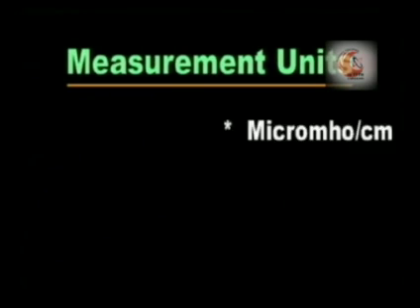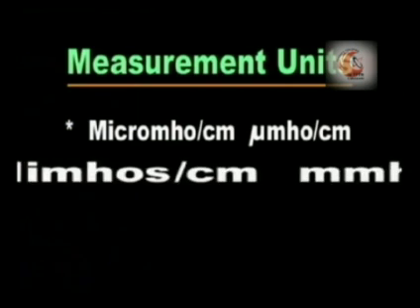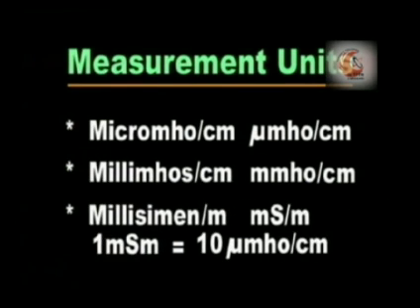Conductivity is measured in terms of micromhos per centimeter, or a bigger unit, millimhos per centimeter. Another unit of measurement is millisiemens per meter. The instrument used to measure conductivity is called a conductivity meter.